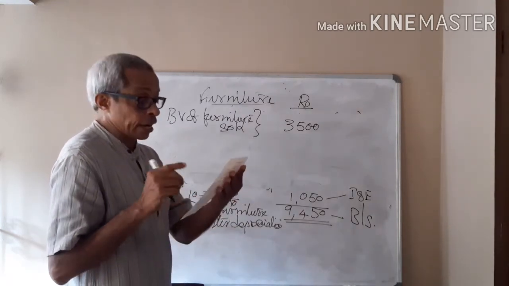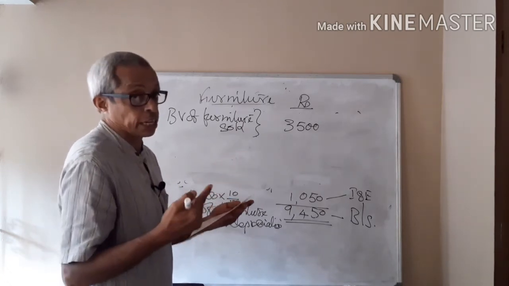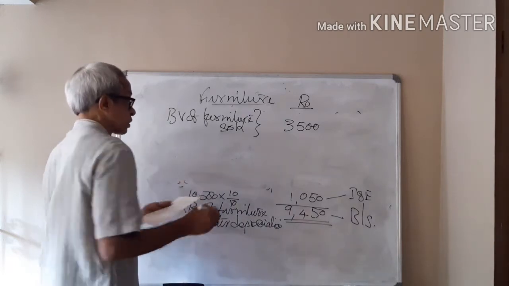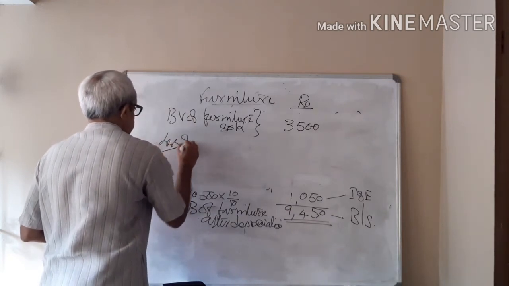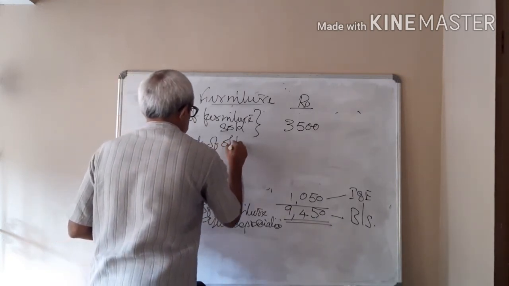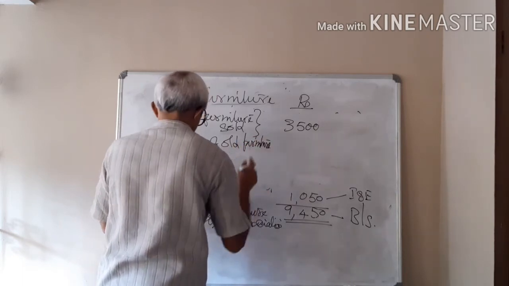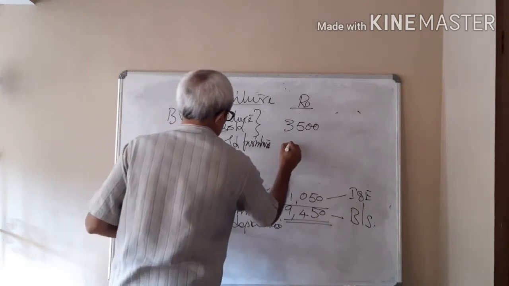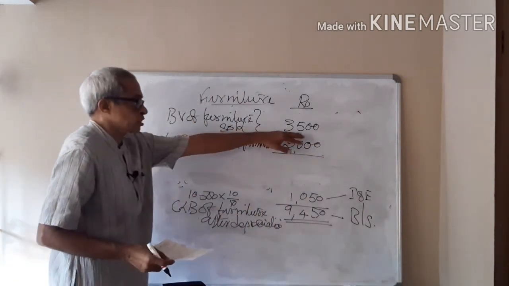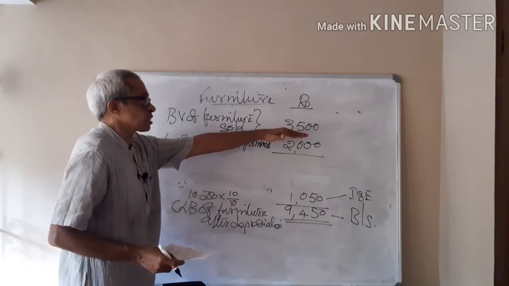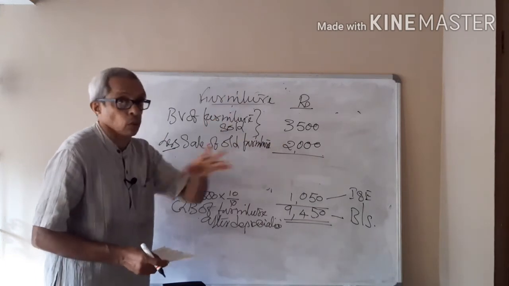That amount may be taken from the receipt side of the receipts and payments account, that is sale of old furniture. That amount is 2,000. So the book value of furniture sold is 3,500, that is, furniture having a value of 3,500 has been sold for rupees 2,000.